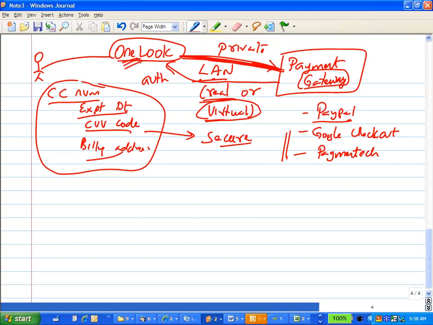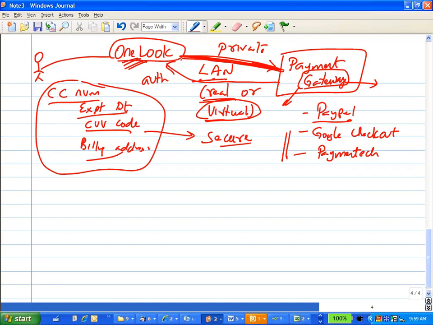So OneLook knows whether the customer signing up has a good card number or not. So OneLook needs to have a payment gateway. Payment gateways are everywhere. Even when you shop at Amazon or eBay or Gap.com or anything, payment gateways are there. They're the backbone of the e-commerce industry. It's just a fancy word for a payment processor. Terminology.